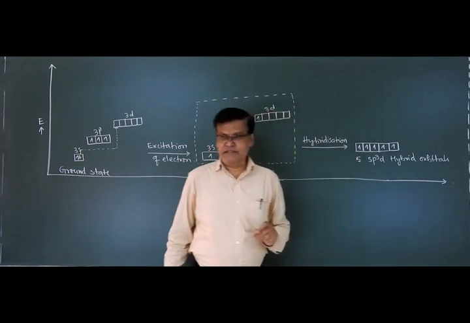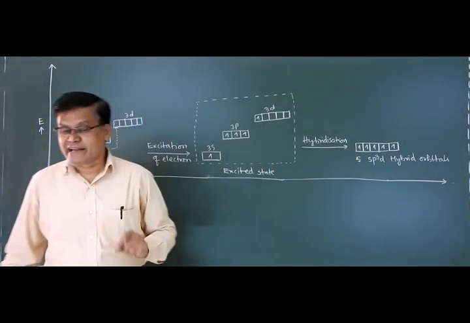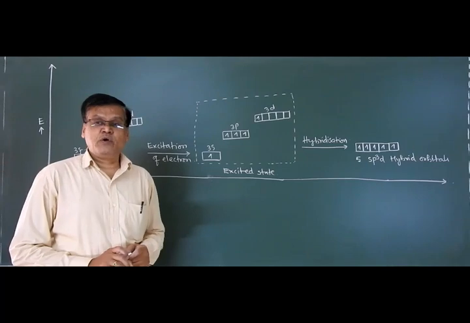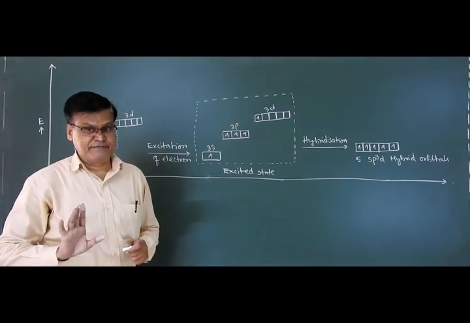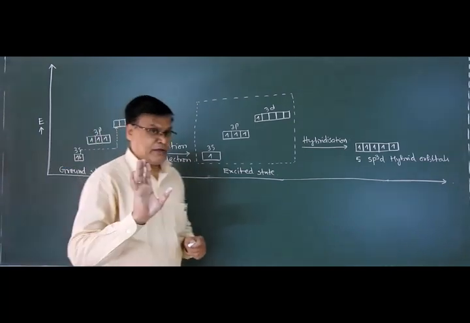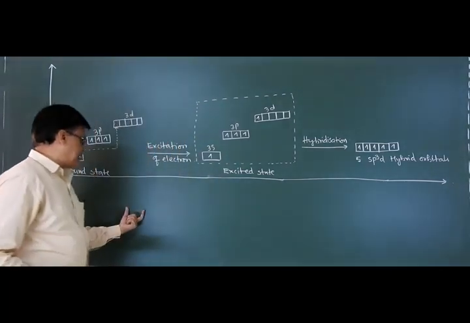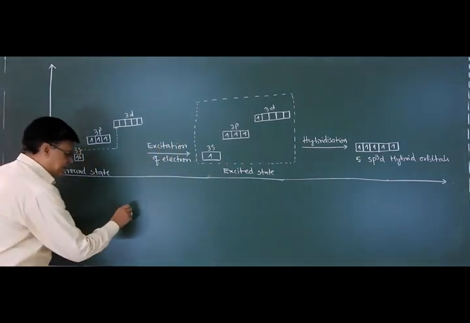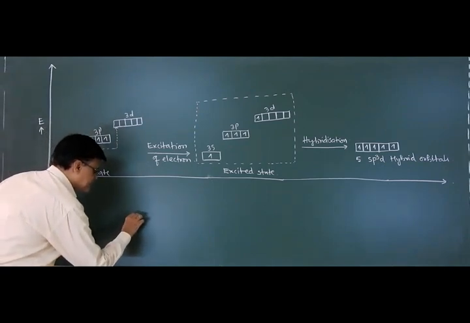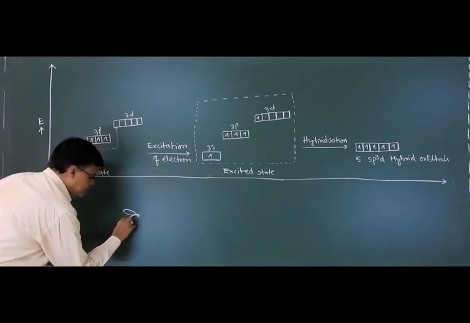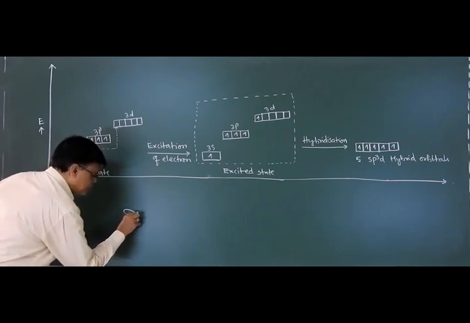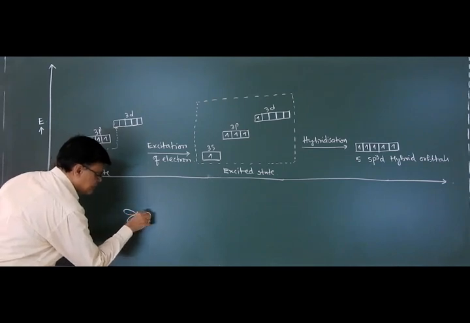These 5 sp3d hybrid orbitals are directed in a trigonal bipyramidal arrangement. Clear? Trigonal bipyramidal arrangement. I will write it now here, like this. 1, 2, 3.